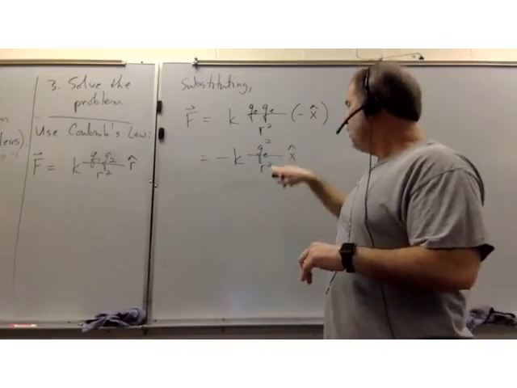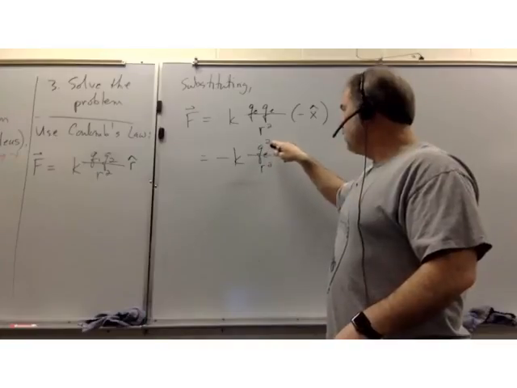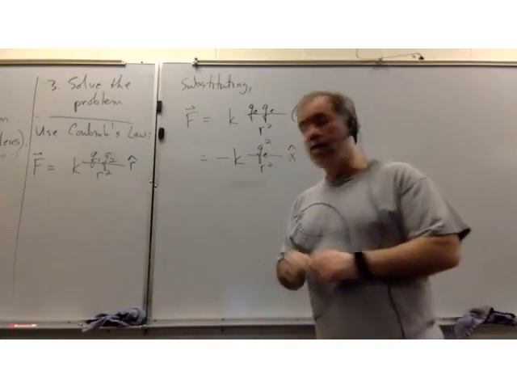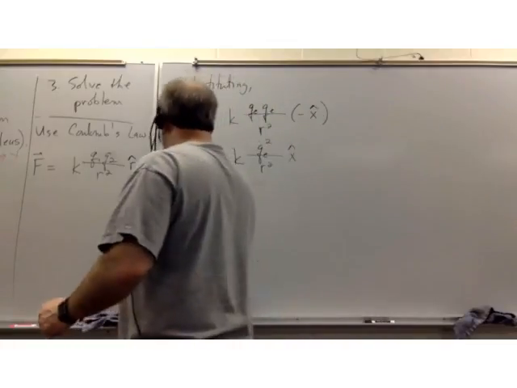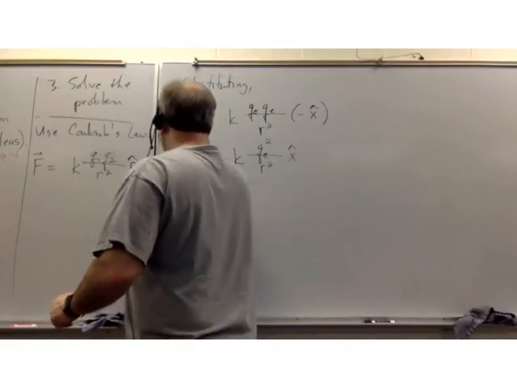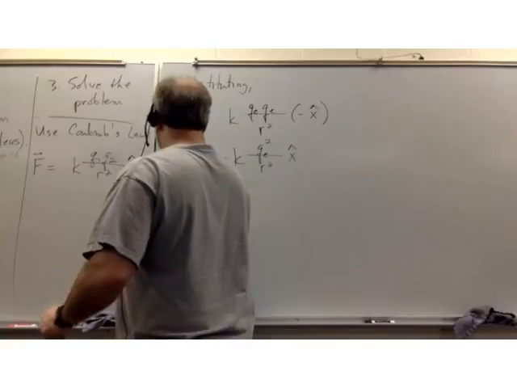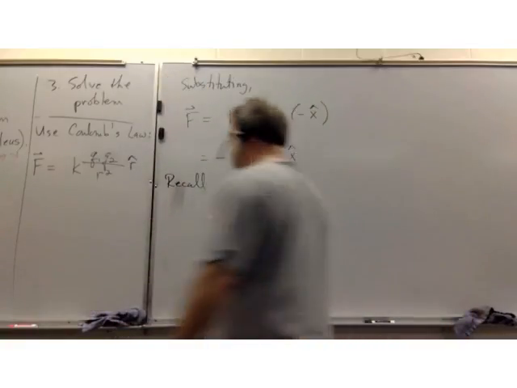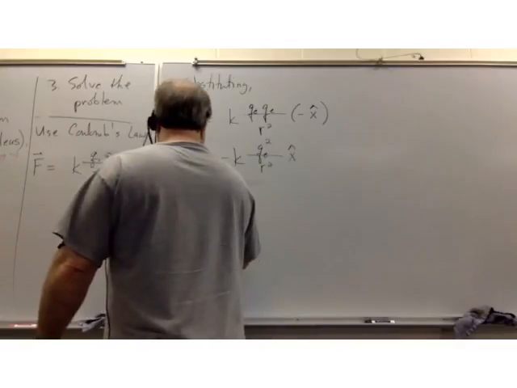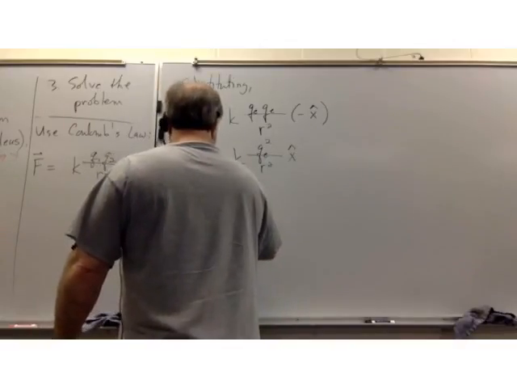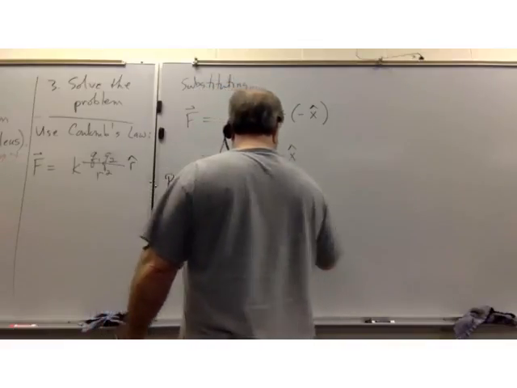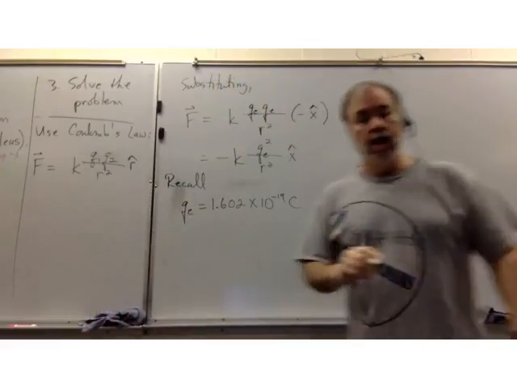First of all, let's look up the values for q sub e and r. Well, we know q sub e. We've talked about that before. Both the proton and the electron carry the elementary charge, the quantum of charge, which has the value 1.602 times 10 to the minus 19th coulombs.